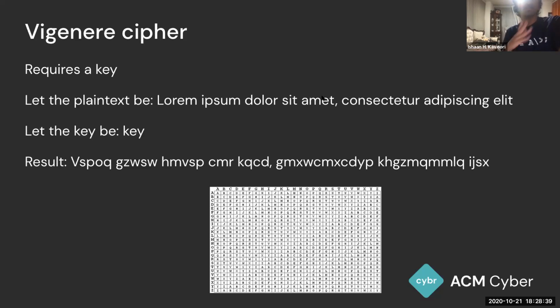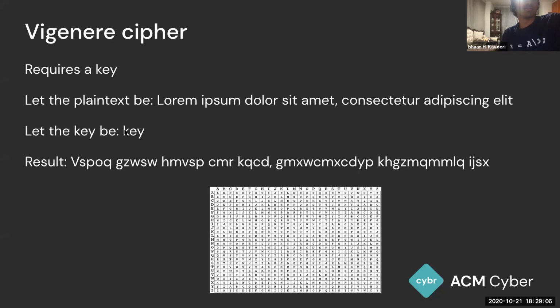The next one, oh yeah, Vigenère cipher. This is a substitution cipher which does require a key. So how it works is it needs a key which is a word, and it's going to go through each letter in the plain text matched with each letter in the key.